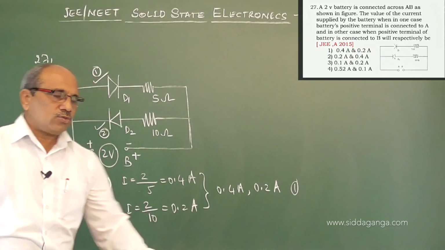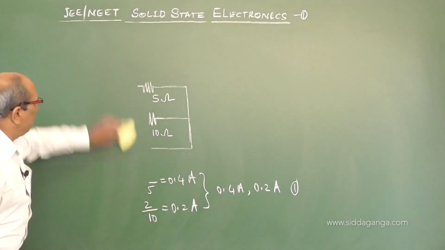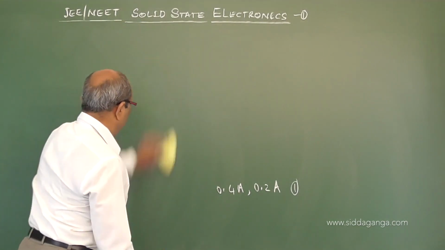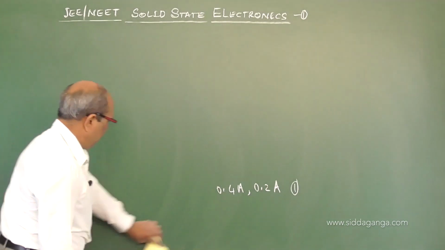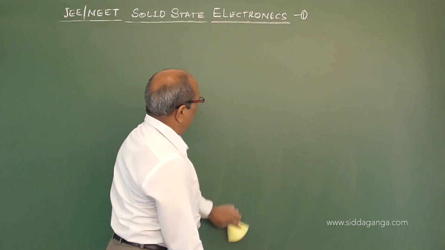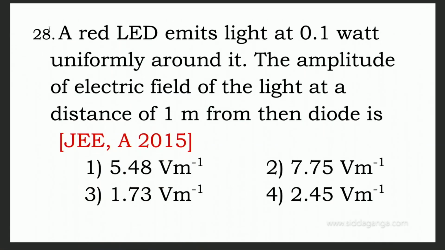Coming to the next question. A red LED emits light of 0.1 watt uniformly around it.